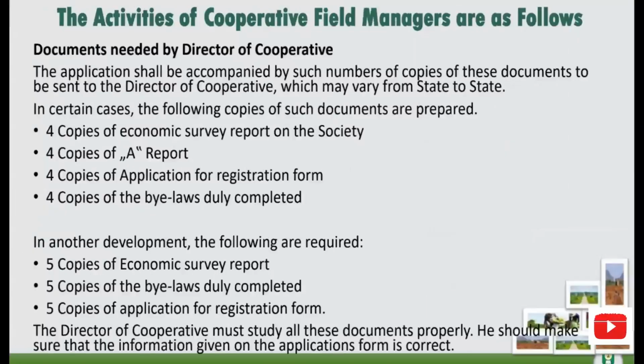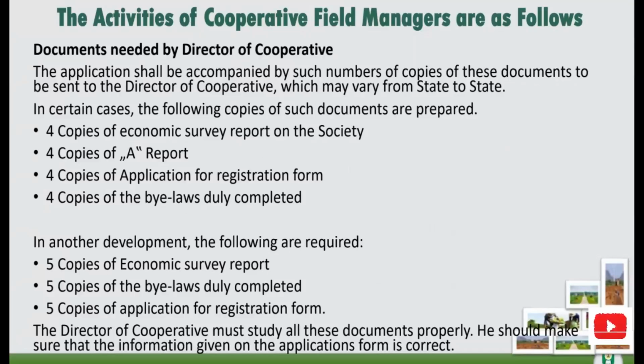Now, the director of cooperatives may require some documents, and what are they? The application shall be accompanied by such number of copies of these documents to be sent to the director of cooperatives, which may vary from state to state. You know, Lagos State has changed its laws, so the number of copies for them may be different from that of Kogi, Edo State, Anambra State, or Jigawa State.